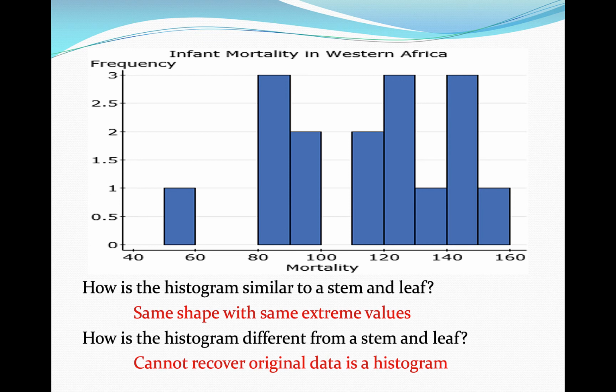So at the end of the day, a histogram is the most common quantitative graph. But in a case like this, a stem and leaf would actually be preferable. But in most data sets, honestly, because we typically deal with way bigger data sets than what you would want in a stem and leaf, we usually use histograms.